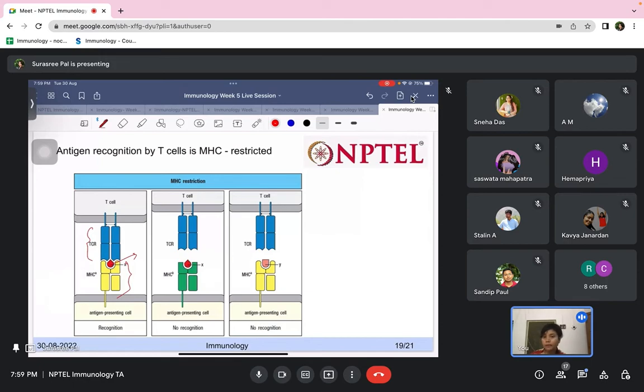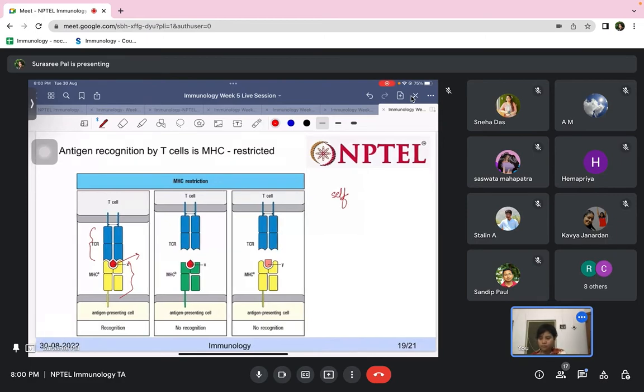Now, remember one thing, that TCR can also recognize self versus non-self MHC. This self versus non-self term I was using previously also, where I was mentioning that if it is an antigen of the individual, whether it is a self antigen or a non-self antigen, that has to be recognized by the immune system.